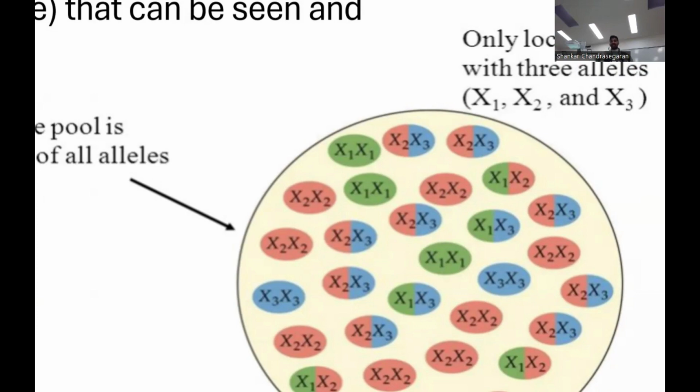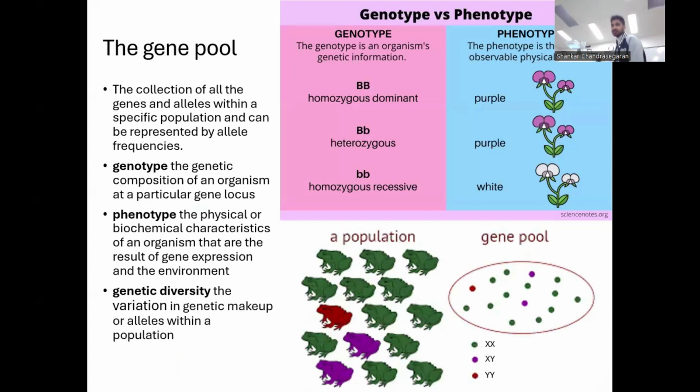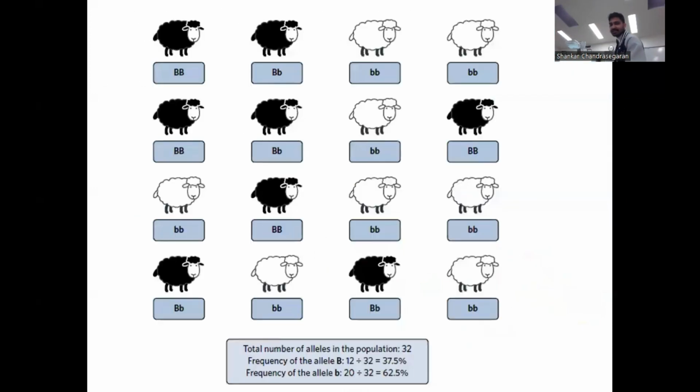Genotype is the genetic composition of an organism at a particular gene locus. So if I say at locus X, the genotype that organism A has, you would look at something like this, right?